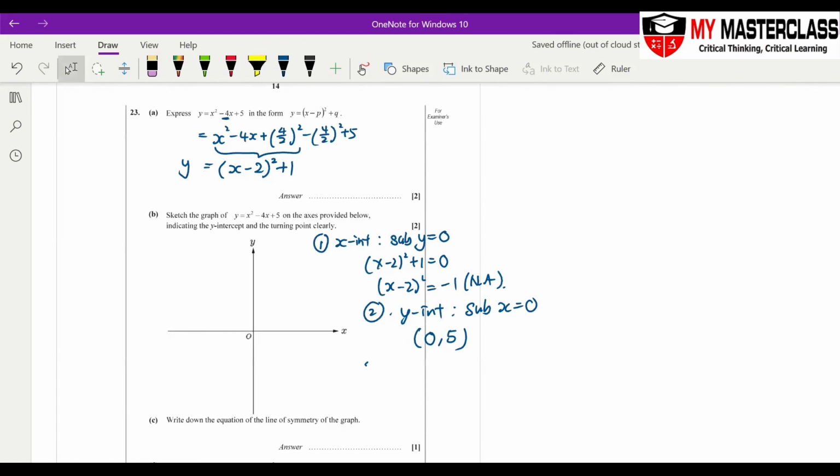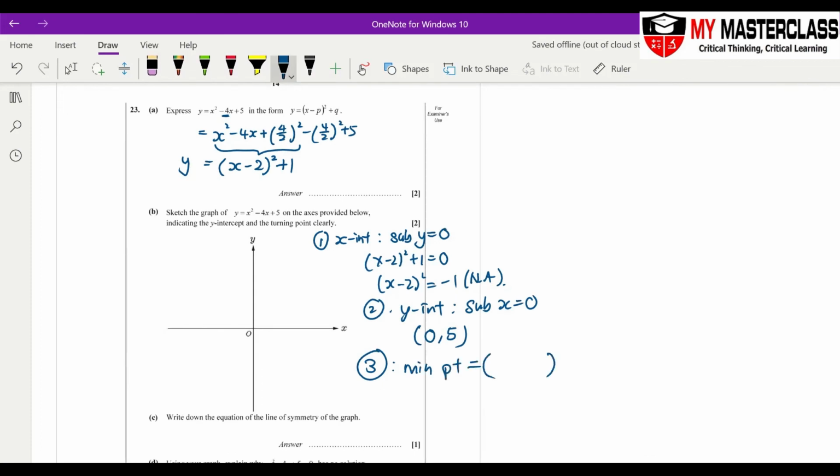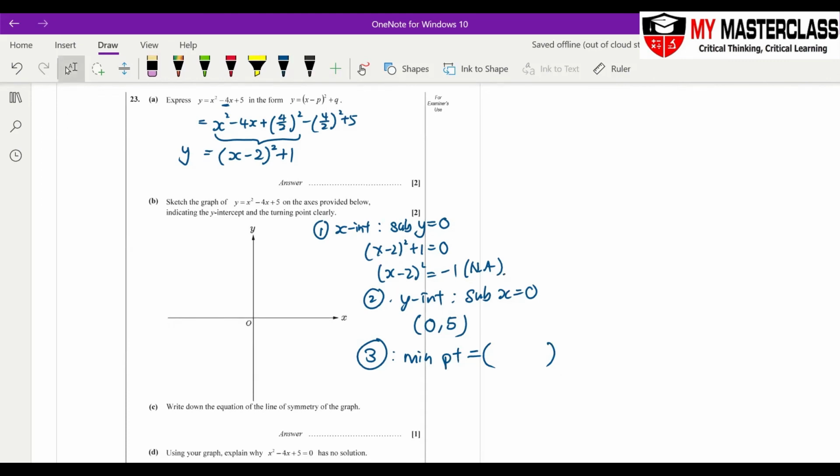When you complete the square, it tells you the turning point. In this case, this is a minimum curve, right? So it tells you that it's a minimum point. Isabel, what is the minimum point coordinate? Tell me, based on your completed square. Yes, what is the x equals to, Isabel?